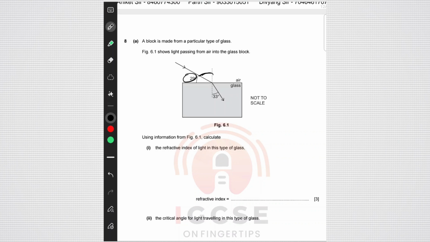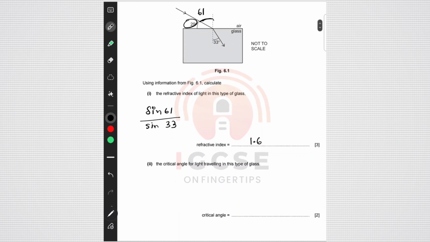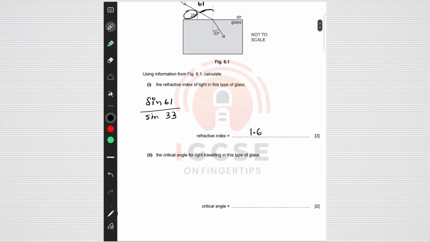Your angle of incidence is 90 minus 29, which comes out to be 61, and refractive index is sine 61 upon sine 33. That gives you 1.60. So I'll write 1.6 is the refractive index. It does not have any unit.